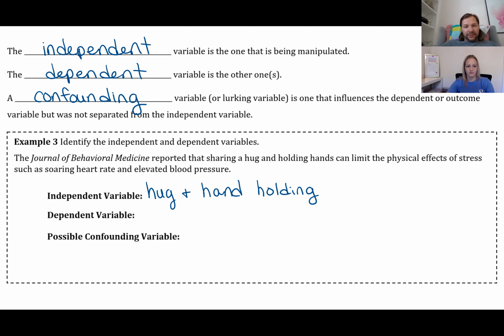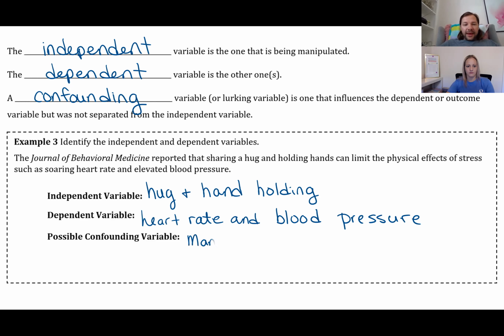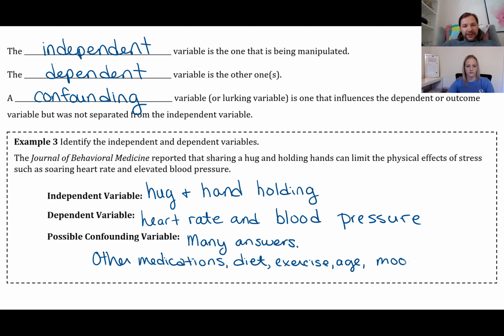You're either going to have a hug and a hand hold or you're not. Then they're going to monitor the heart rate and blood pressure, so those are the dependent variables. The confounding variables have many possible answers, but other things that can modify heart rate and blood pressure are medications, diet, exercise, age, mood, sleep, etc.